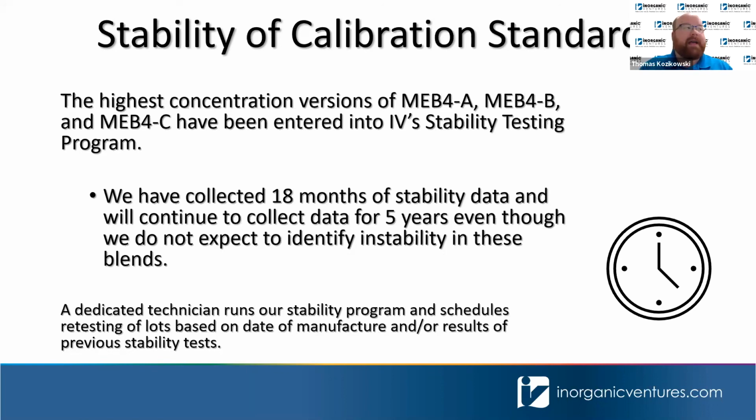But we'll do calibration verification checks to make sure the stability is still good, even for the diluted samples. We have collected 18 months of stability data so far, and we'll continue to collect data on these for at least 5 years, even though at this point we don't expect to identify instability. Basically, if it works past 6 months, it's generally not going to have a stability problem unless it's a really strange problem.